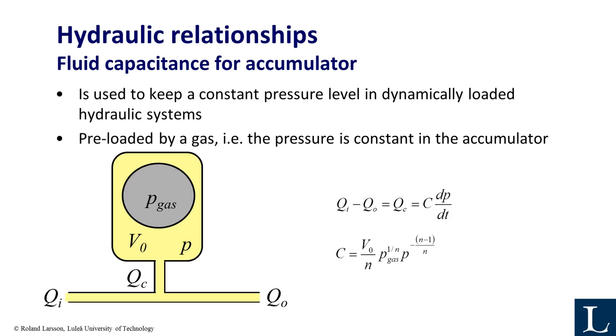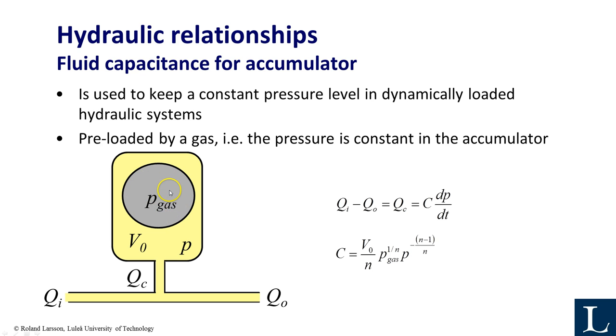Another component that you may have in your system is an accumulator. Sometimes you add some extra volume in the system to store, to avoid pressure ripple or pressure variations in the system. You may add a volume like this with a gas bubble here, where you have a certain gas pressure.